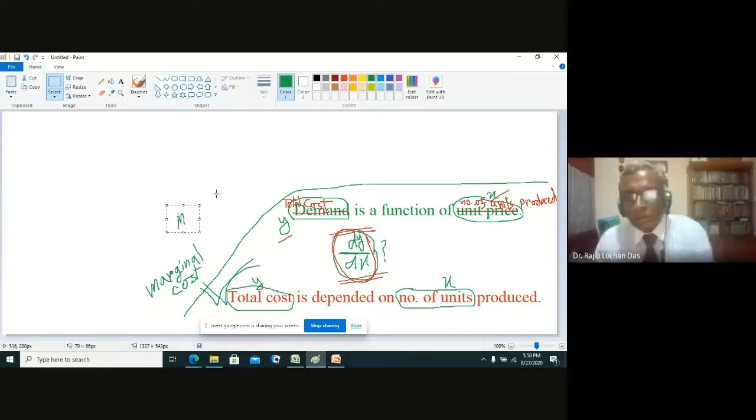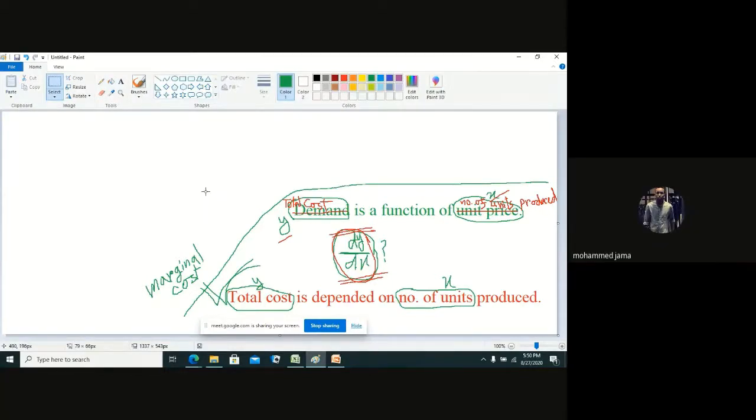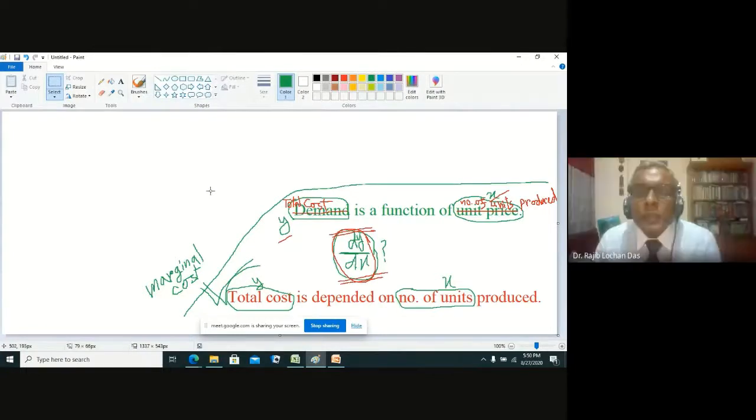Marginal cost is the extra cost that is actually produced. So you are saying extra cost that is needed to produce some more items, for one single unit.